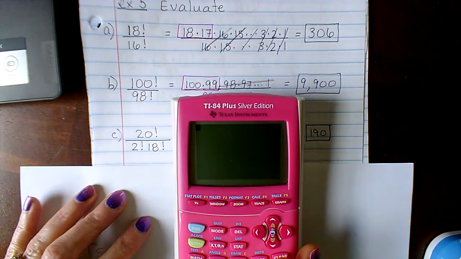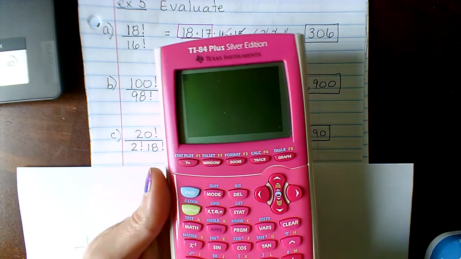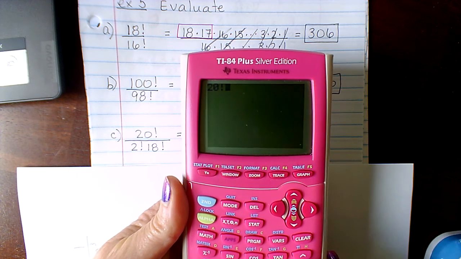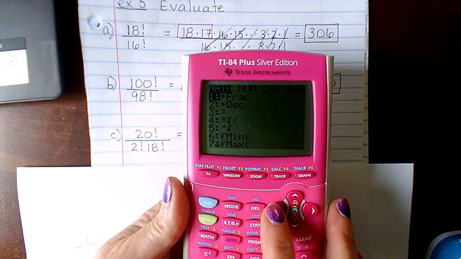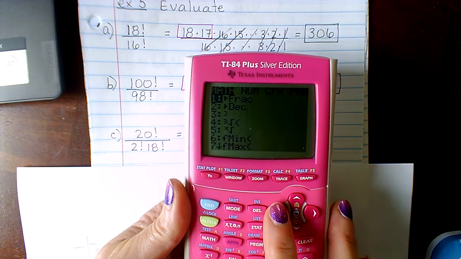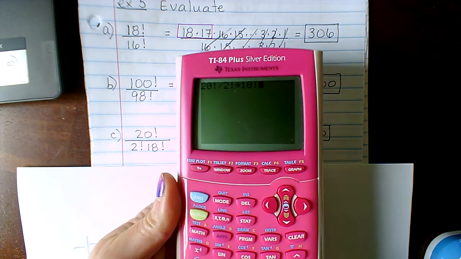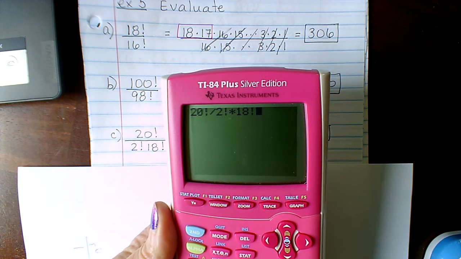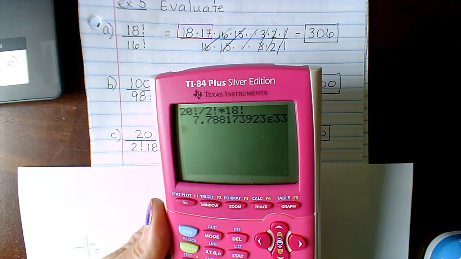So let me show you what happens on the calculator here. If I do 20 factorial divided by 2 factorial times 18 factorial, angle this just right. So there's the original problem. Look what happens.